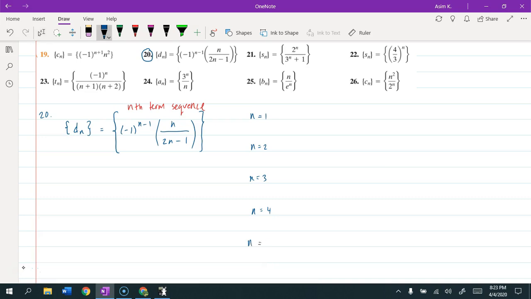So n is equal to 5. I'll do a few of these for you, or maybe all of them. We'll see, inshallah. The first thing you do is say when n is equal to 1, the sequence becomes d sub 1. When n is equal to 2, the sequence becomes d sub 2. If you're wondering how you're making that connection, look at the beginning of the problem. It says d sub n, so when n is equal to a certain number, it becomes d sub that number.